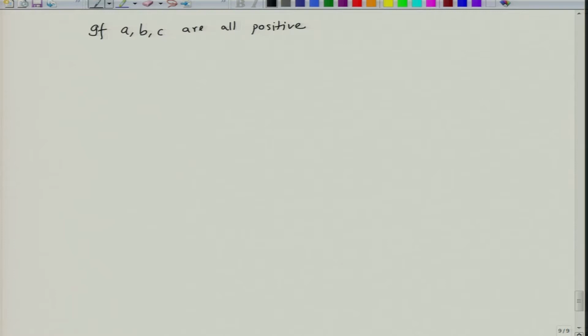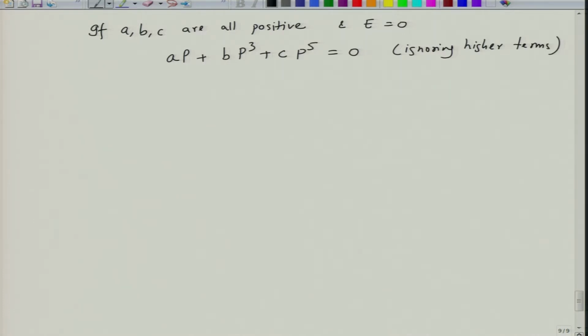So, we are saying that right now, assuming that A, B, C are all positive, and let us say E is equal to 0, then we can say that AP plus BP cube plus CP5 is equal to 0, ignoring higher terms. Okay. And that is okay if we assume the change in the polarization is small, and as a result higher order terms will not play a significant role.